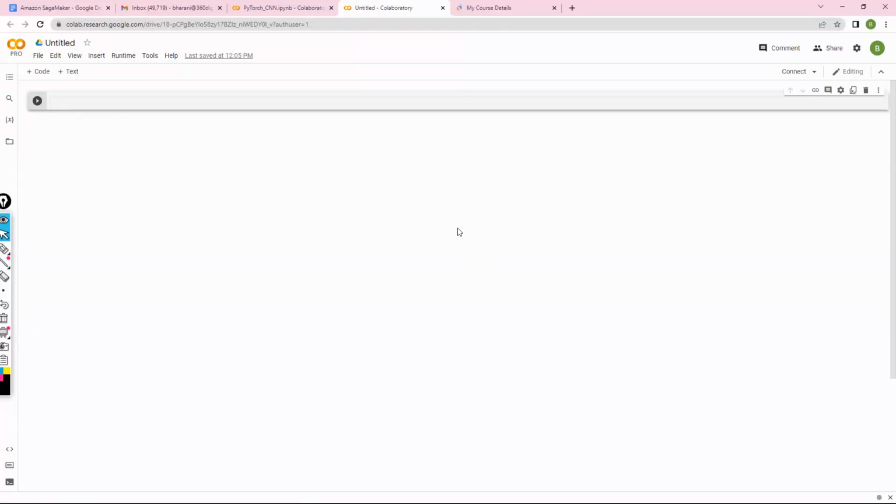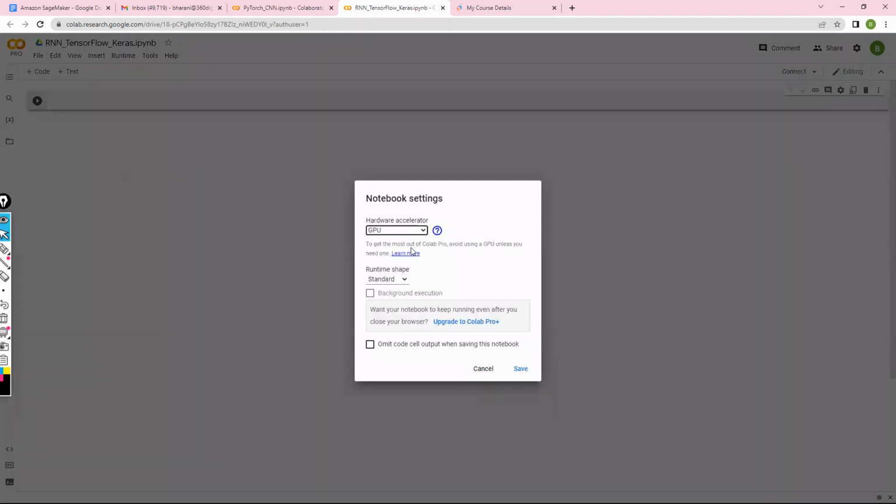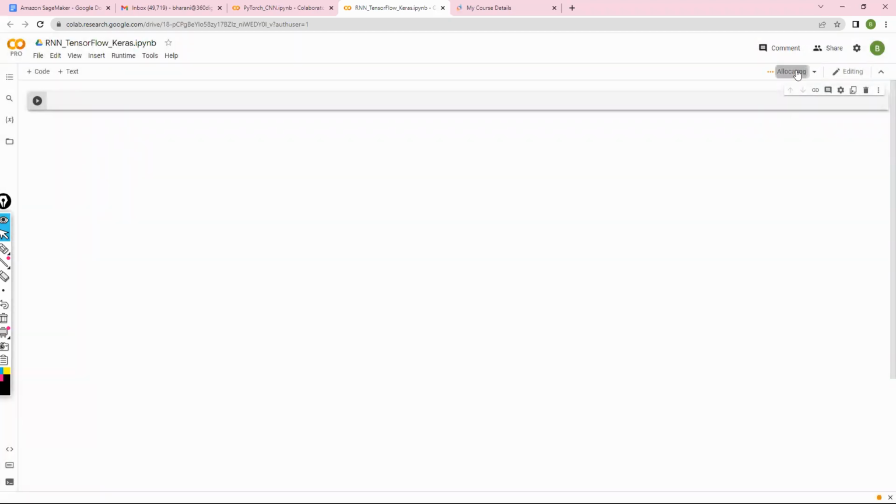I'm going to change this to RNN, TensorFlow, Keras. I'll change the runtime to GPU, and I want a high RAM. I'll save it. Let me connect.